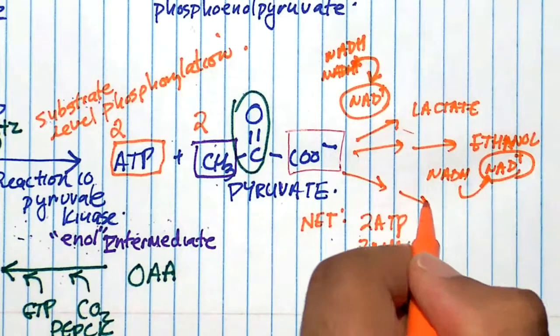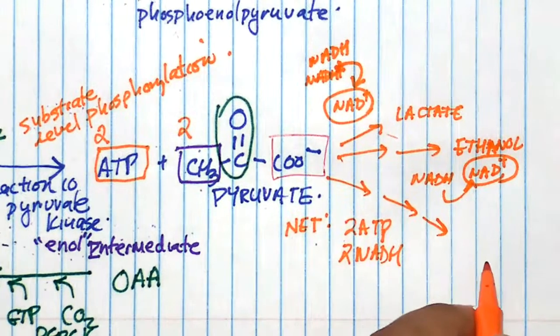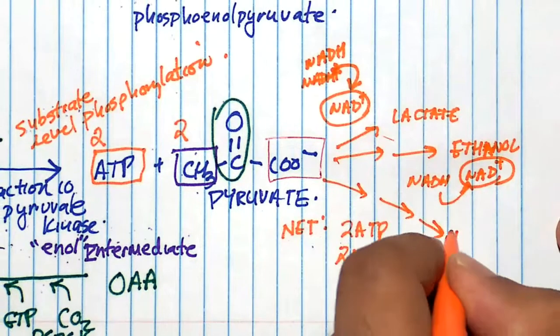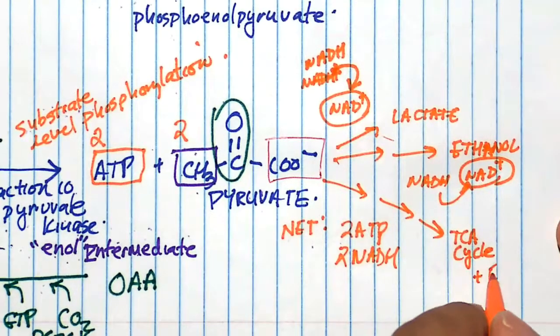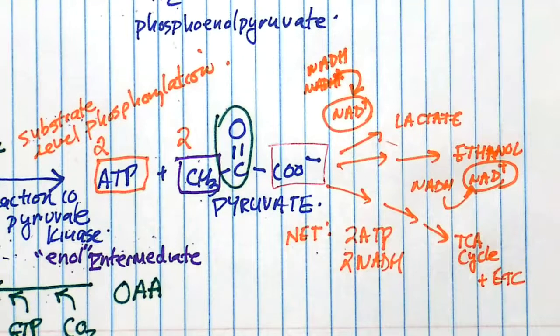Or that pyruvate can go into the TCA cycle and the electron transport chain. This is what a lot of aerobic organisms employ to maximize their ATP output.